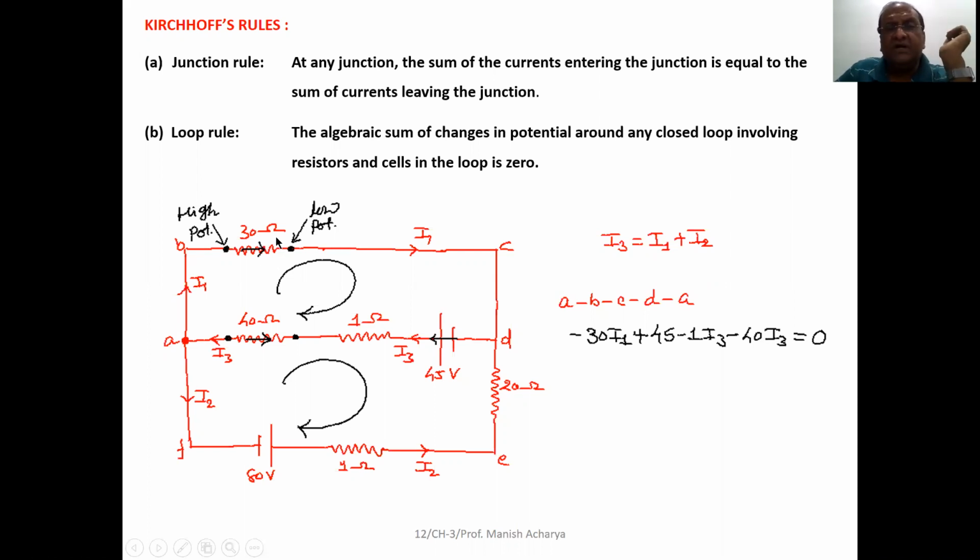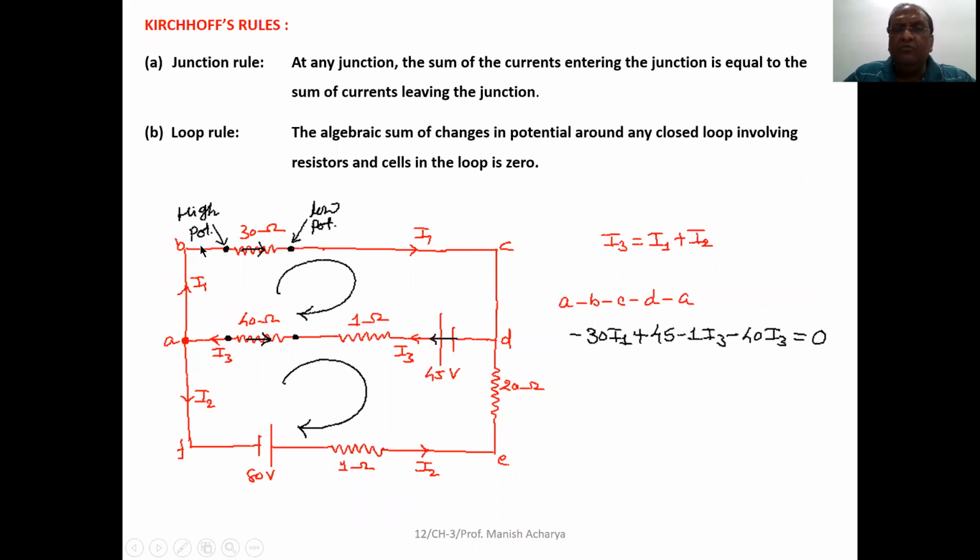So through the 30 ohm resistor, the current is flowing from left to right. So the left terminal of the 30 ohm resistor is at higher potential, and the right side terminal is at lower potential.